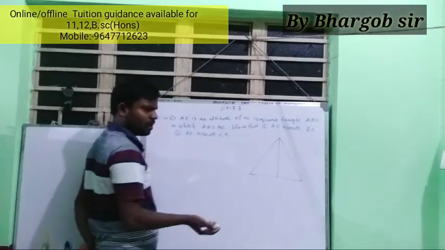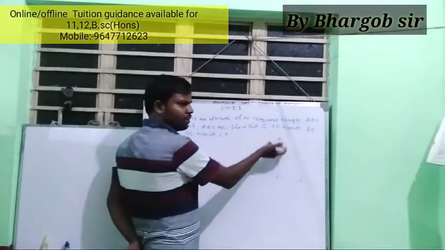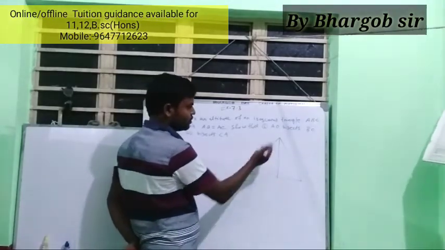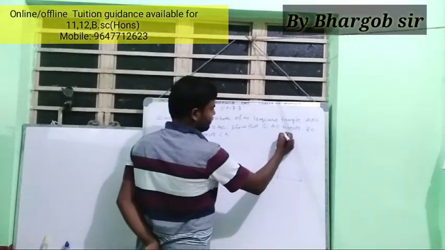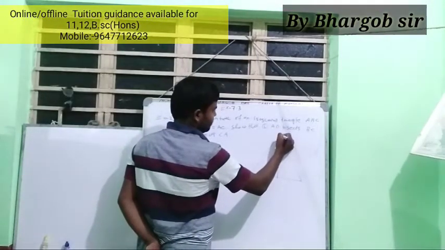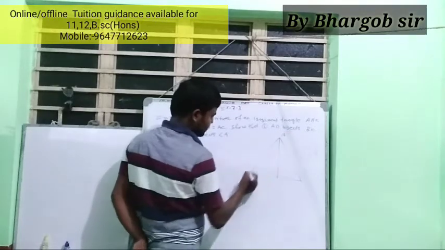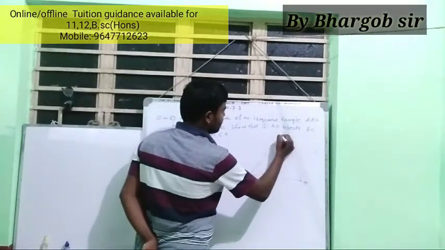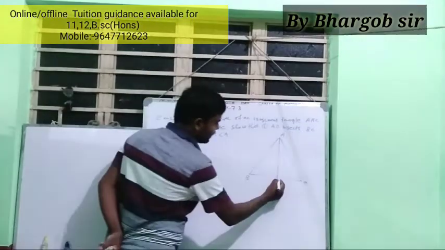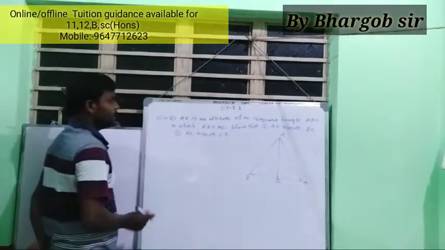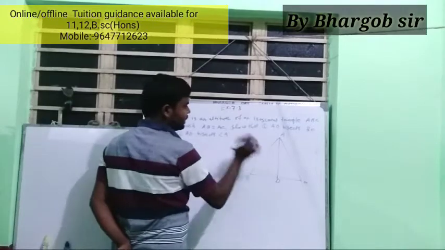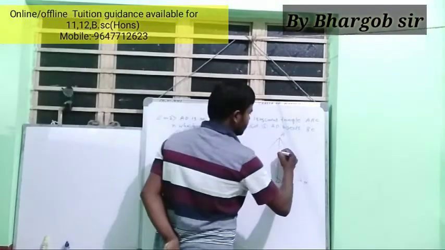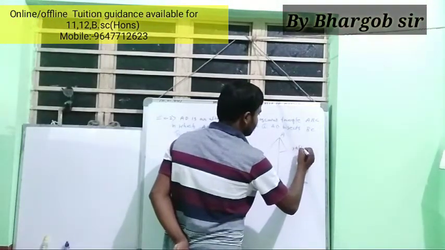So we have to draw the triangle. Already I have drawn it. So just put the names of the vertices of the triangle, A, B and C, and this is D. AD is the altitude of this triangle, so I have put altitude.